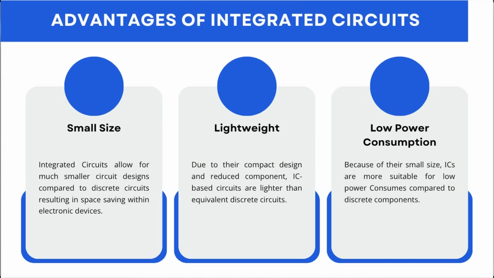The next advantage is lightweight. Due to their compact design and reduced components, IC-based circuits are lighter than equivalent discrete circuits. Then low power consumption. Because of their small size, ICs are more suitable for low power consumption compared to discrete components.